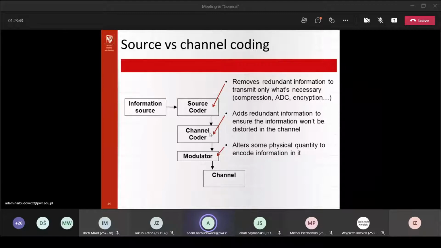But still, I would label that as part of the channel coder, because at the end of the day you are removing the DC constant in order to make your signal easier to interpret or receive by the receiver. However, this is not a typical case. But yes, I would say this is part of channel coding. Okay.